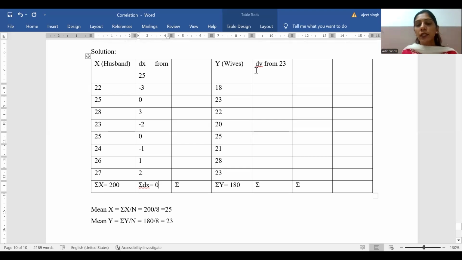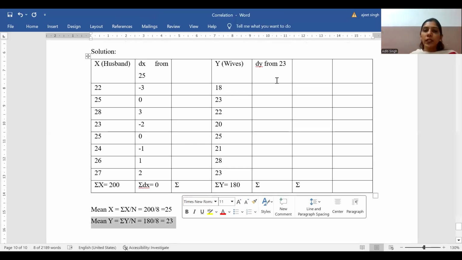Now let's calculate the value of dy. Dy is y minus y bar, which is mean. The value of mean y bar is 23.